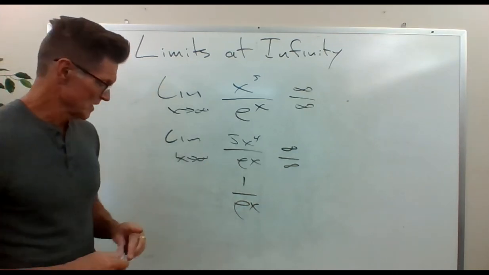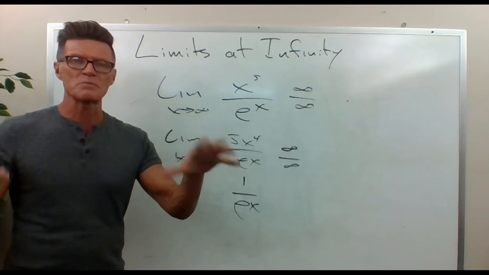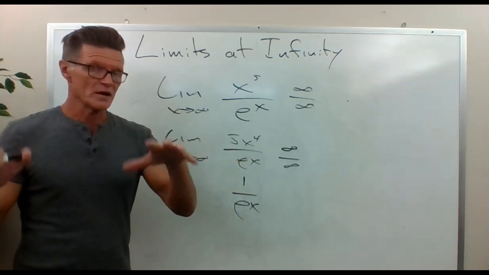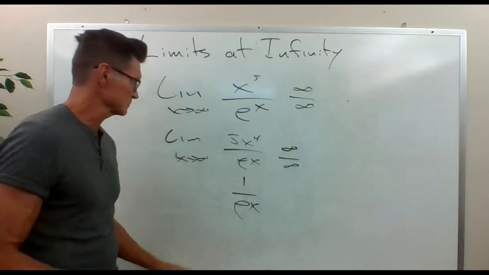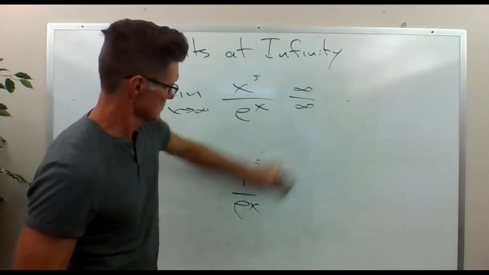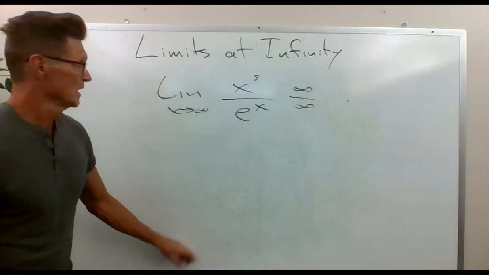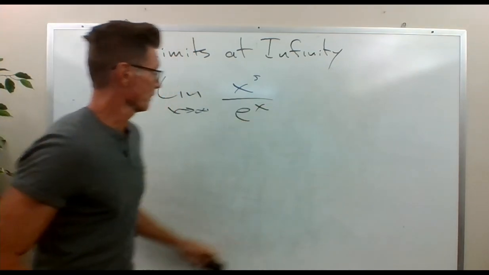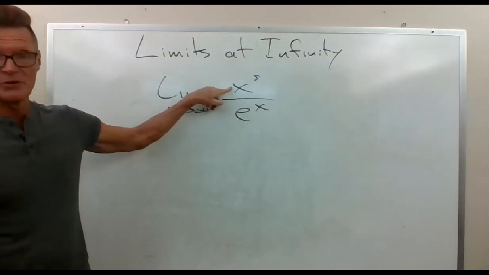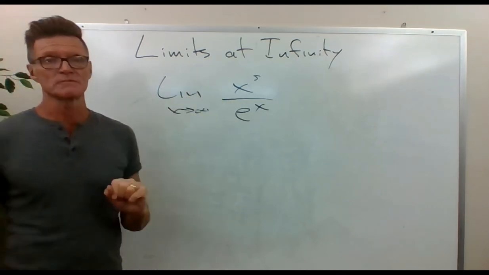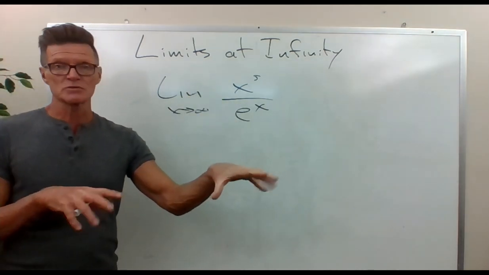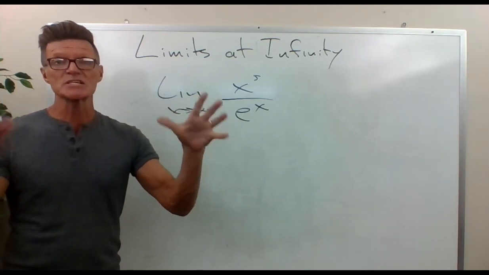And there is. It's to think about what is the most powerful term, which term is getting larger faster. So back to the original problem. In this problem, you have a polynomial function, x to the 5th power, and you have an exponential function. You can go into Desmos or a graphing tool and see this for yourself.